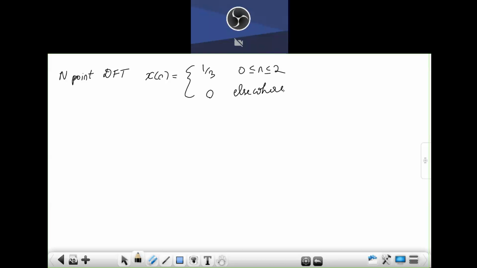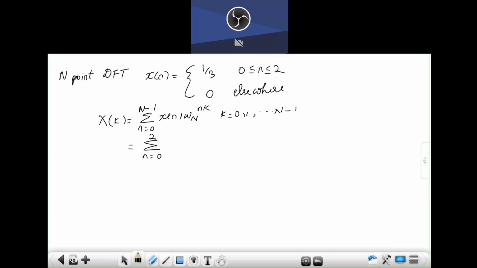So here, if you see, this is a very general kind of expression. You substitute it in your X of k equation. X of k, you know, is summation n varying from 0 to N minus 1, x of n, W_N power nk, where k varies from 0 to N minus 1. What is going to happen? You're going to restrict your summation from 0 to N minus 1 to n equal to 0 to 2, because the rest all values are 0.